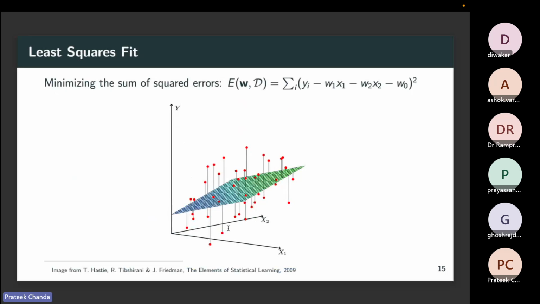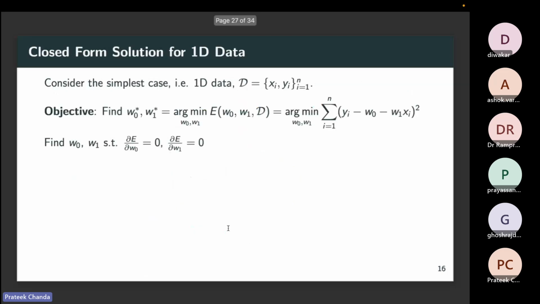It becomes a 3D space once we include the output variable. In higher dimensions you obviously can't visualize it, but it's sort of like a plane in a higher dimension. So how do you get the optimal value of w0 and w1?